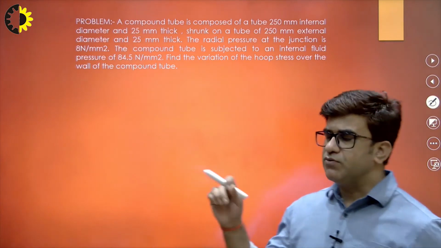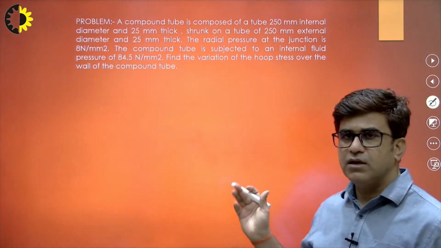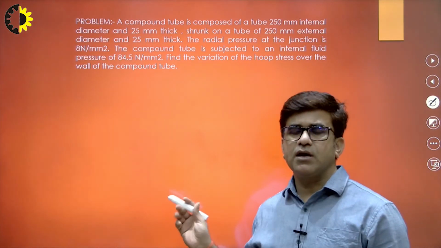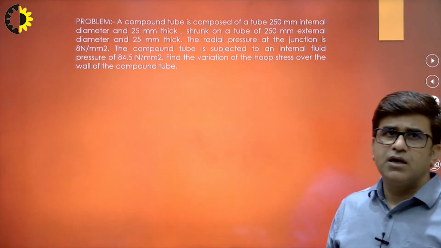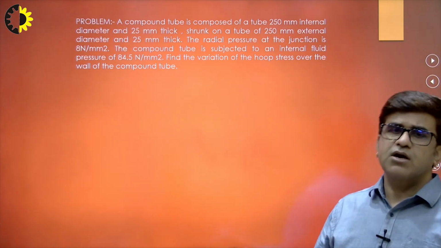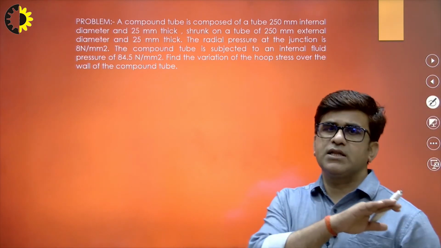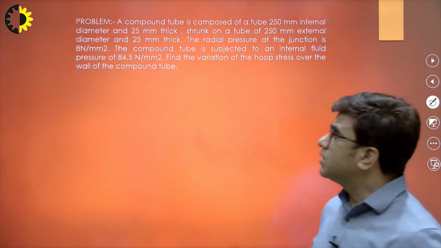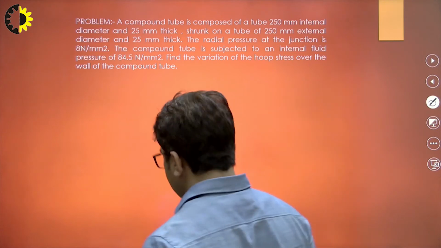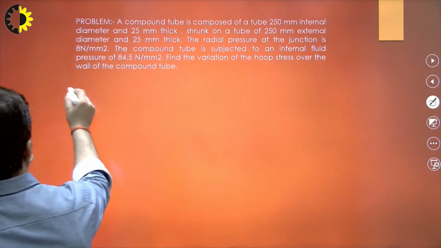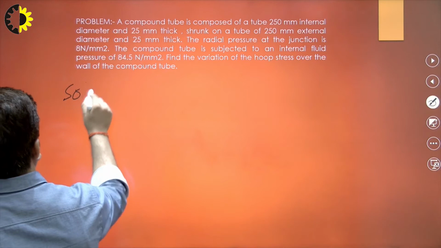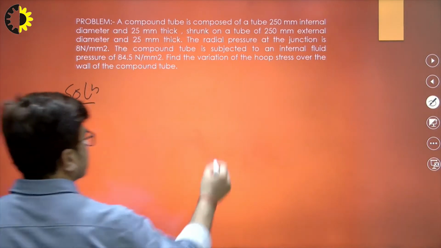So here a few pieces of information are given regarding the question, and it is very clear from the question that this is the case of a compound cylinder in which one cylinder is shrunk over another cylinder. If I draw the diagram of this, here I will write the solution of the problem.